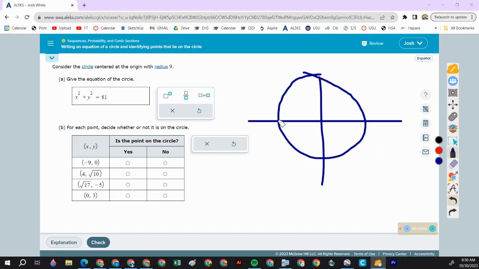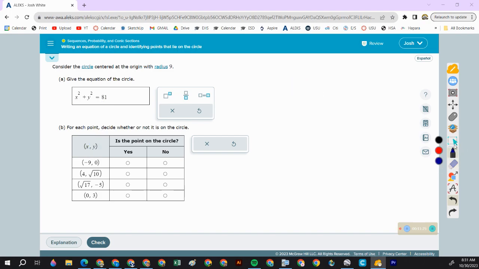And it wants to know, is negative 9, 0, is this point on the circle? How do you tell? Well, all we have to do is plug these in and see, does it equal 81? So negative 9 squared is 81 plus 0 squared is 0. Is that equal to 81? Yes, it is. Okay, so this one is a yes.